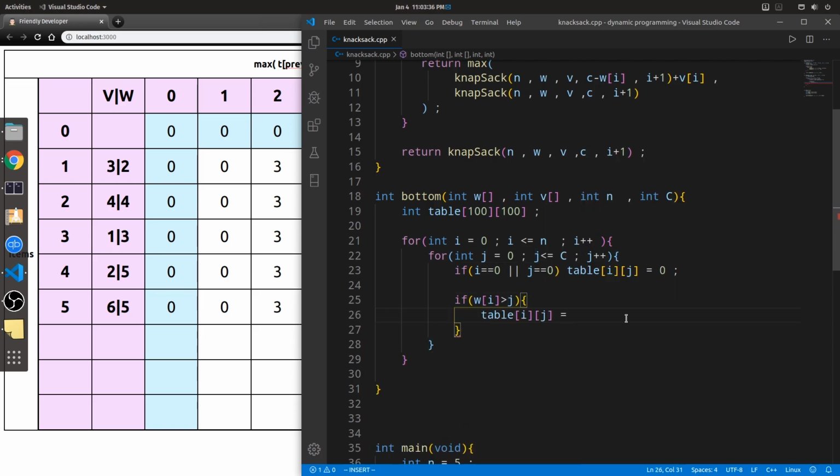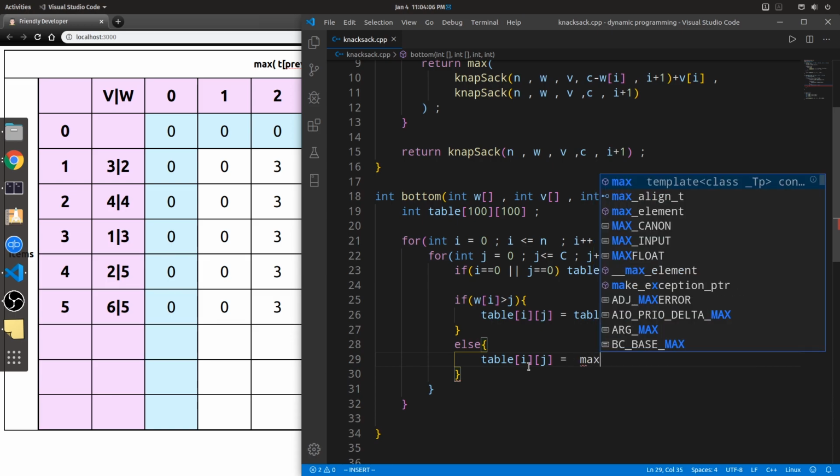My maximum value will be the same value that I copy from the previous row. Otherwise, this means my weight is less than or equal to the current capacity of the bag. So we just consider two choices: one is including the item and the other is excluding the item. Whatever is the maximum, we'll just take that.